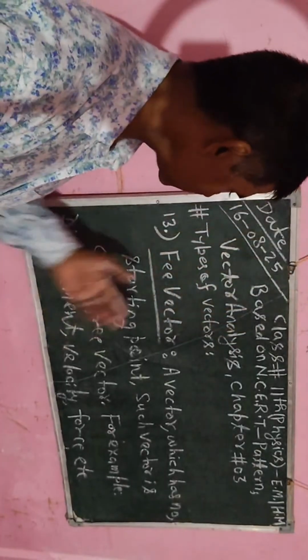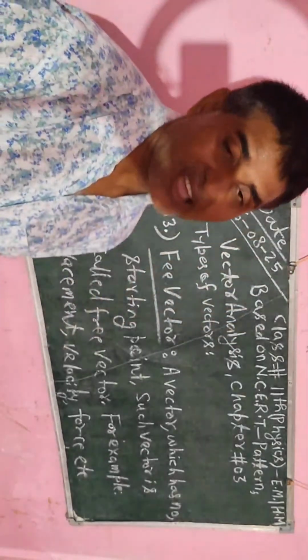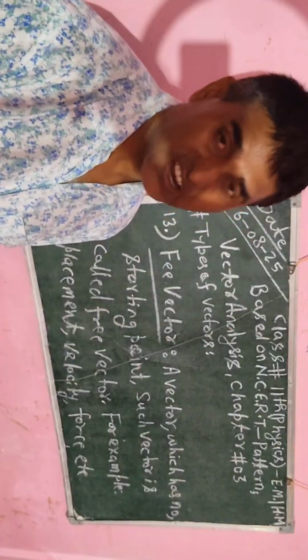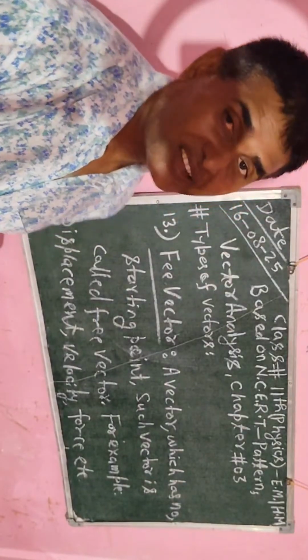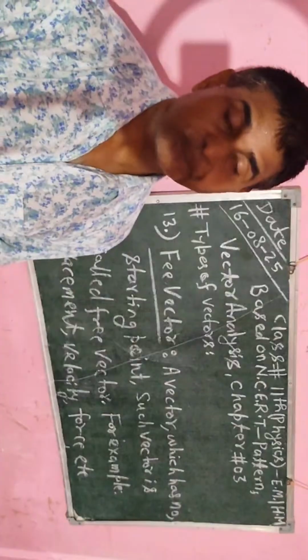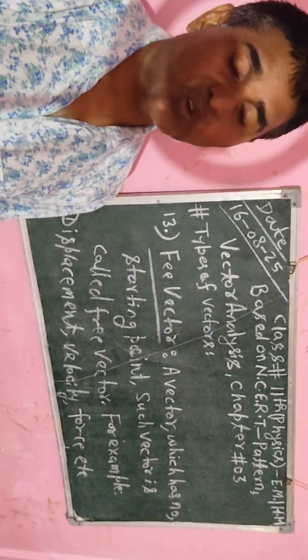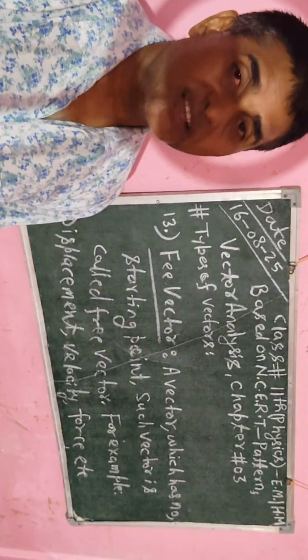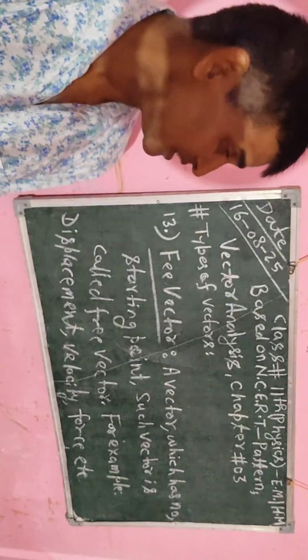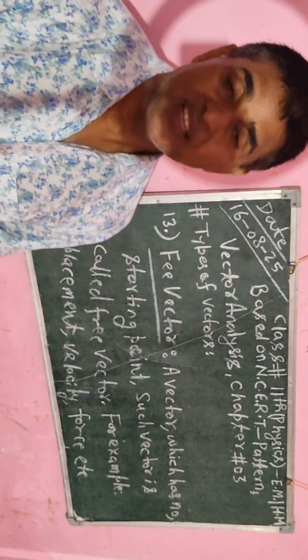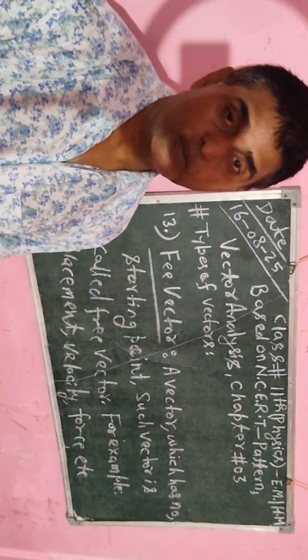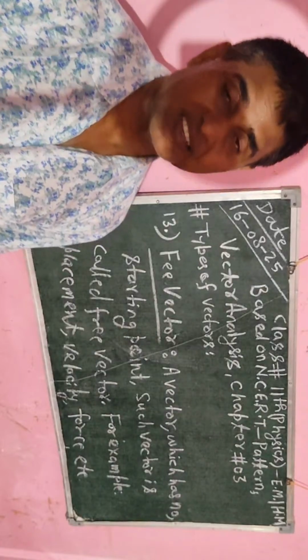Now, in the case of a free vector, I will say a vector which has no starting point, and that has no end point also. Such a type of vector is called a free vector. For example, displacement has a starting and end point, but there is a fixed direction.